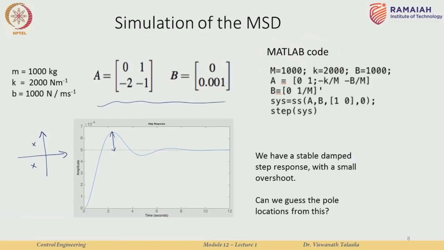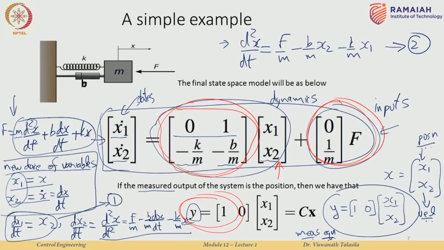So, if you look at the previous example, the state x1, which was a position, is connected to the velocity through this parameter over here. So, x1 is connected to x2 through the parameter 1. Now, x2 dot is connected to the states of the system through these two parameters.